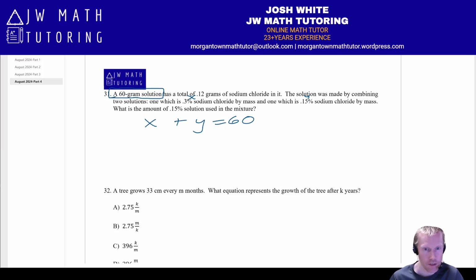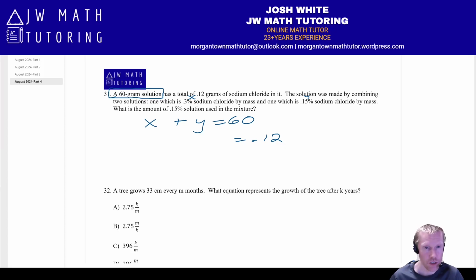And we know that the overall final solution will have 0.12 grams of sodium chloride. So the second equation I set up is going to equal 0.12. And this is just adding together the number of grams of sodium chloride from each solution and setting it equal to the 0.12.